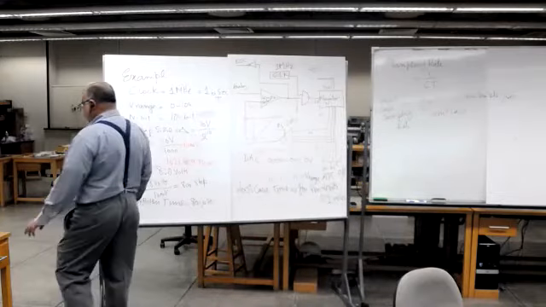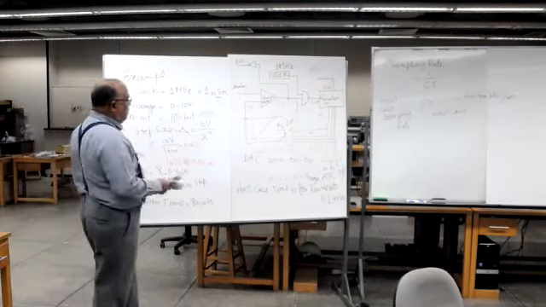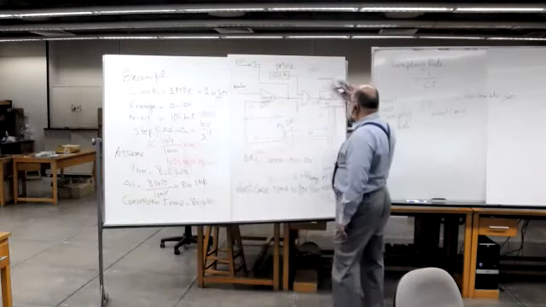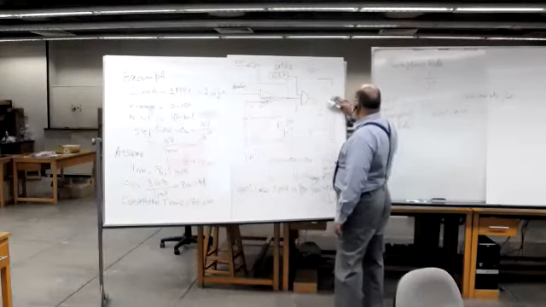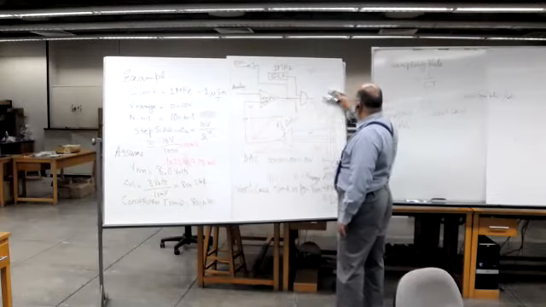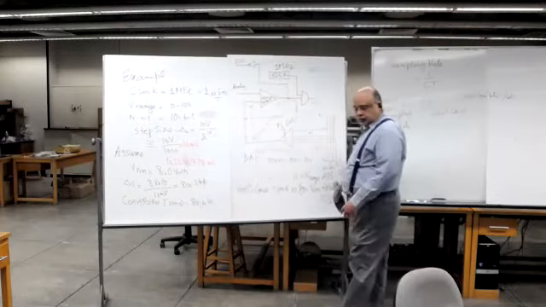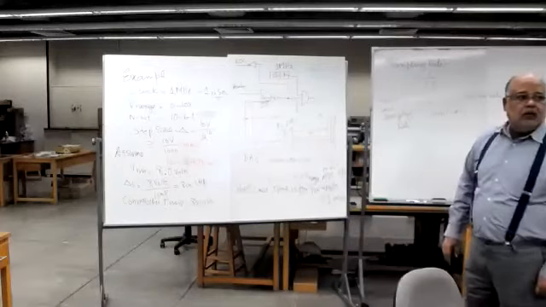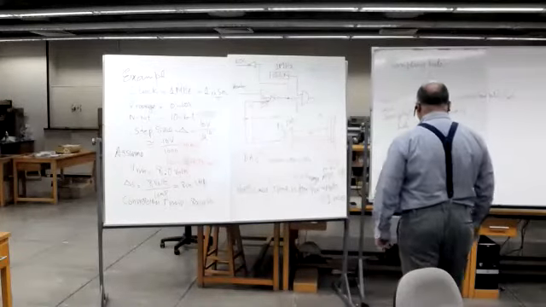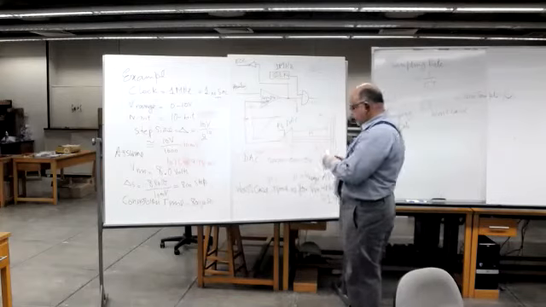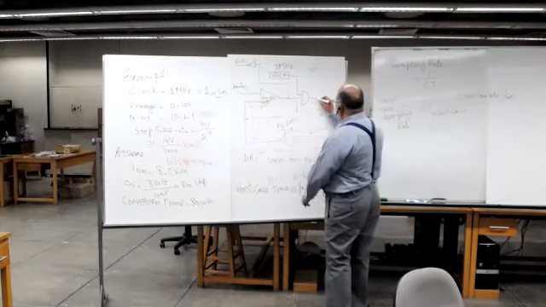So in a 10-bit ADC, what we do is we only change this part of the circuit here. And here we have a state machine.